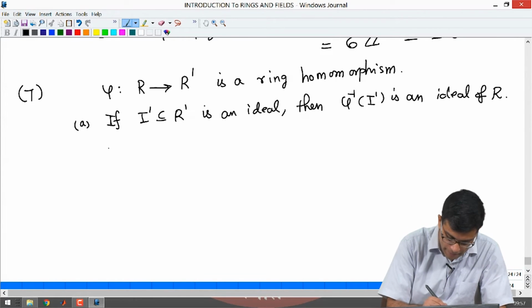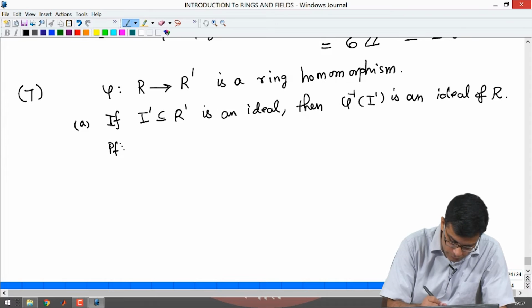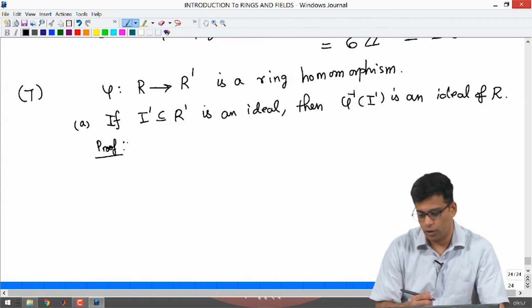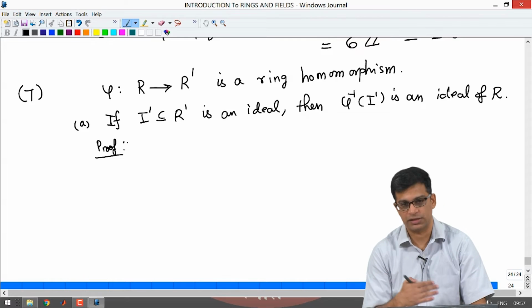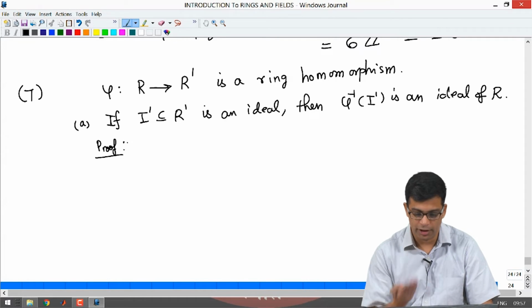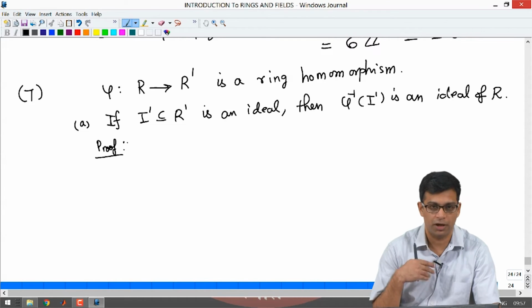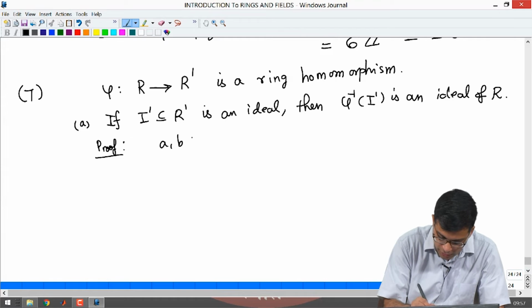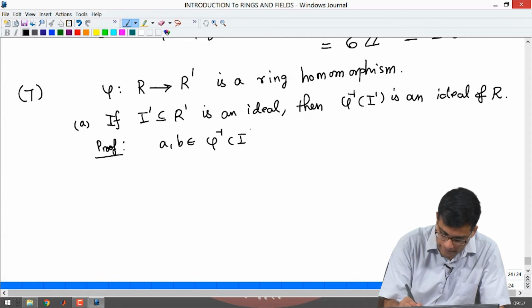So, why is this? Proof. Again, it is very clear. All you have to show is that it is closed under addition and closed under multiplication by an arbitrary ring element. So, let us say A and B are in phi inverse I prime.